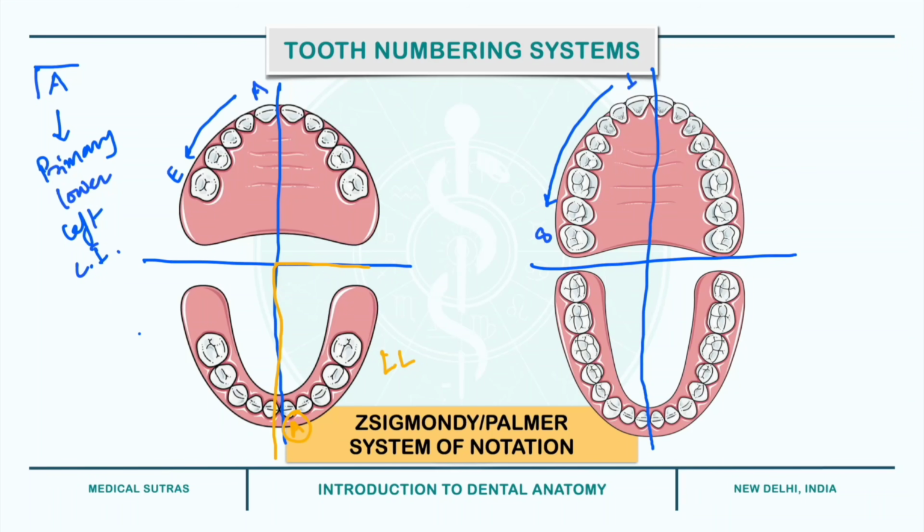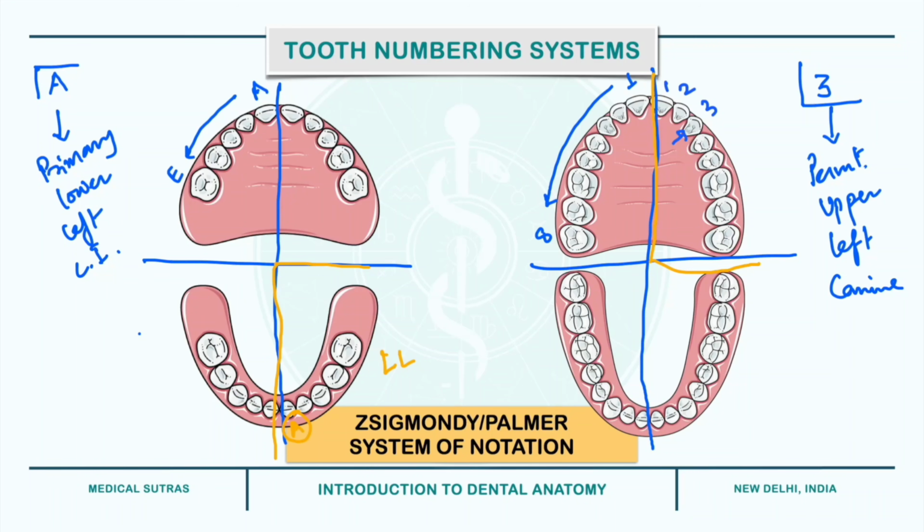Similarly, if we consider the permanent dentition and if we have a symbol like this, now we can see that this belongs to the upper left side. So this number represents permanent upper left canine, as canine is the third tooth from the central incisor.